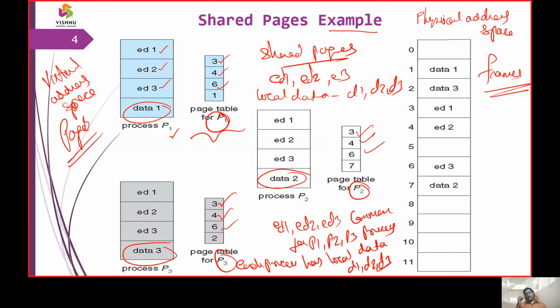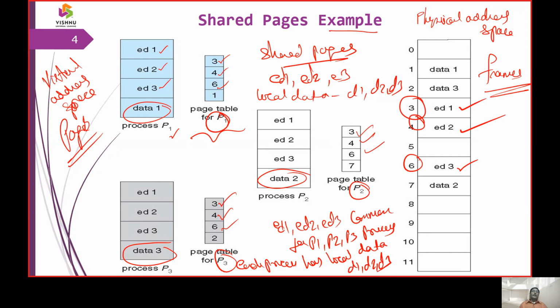In all these three cases, the frames we are going to assume are situated in 3, 4, and 6. We have editor 3, editor 1, and editor 2.